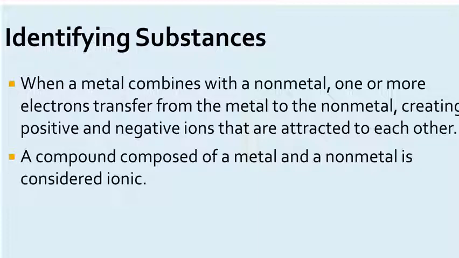When a metal combines with a nonmetal, one or more electrons transfer from the metal to the nonmetal, creating positive and negative ions that are attracted to each other. A compound composed of a metal and a nonmetal is considered an ionic compound.